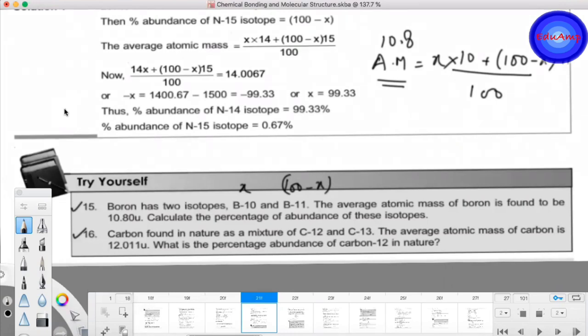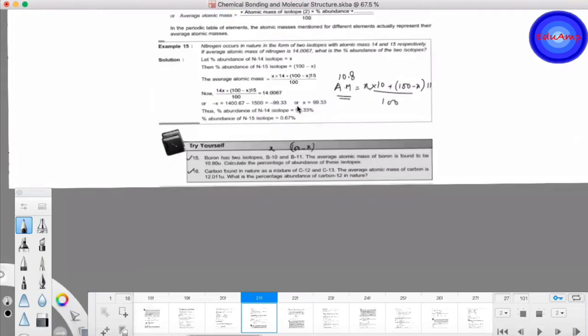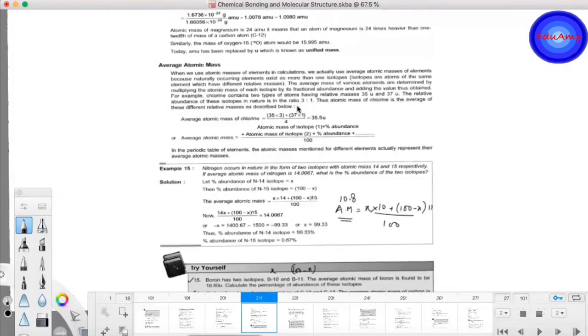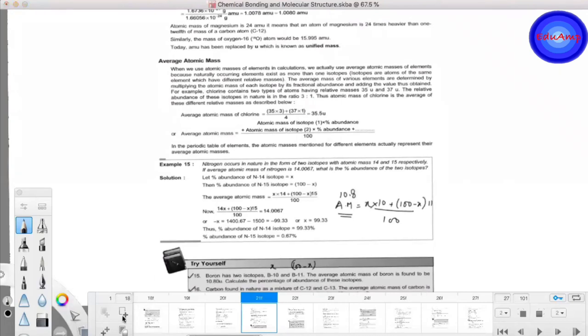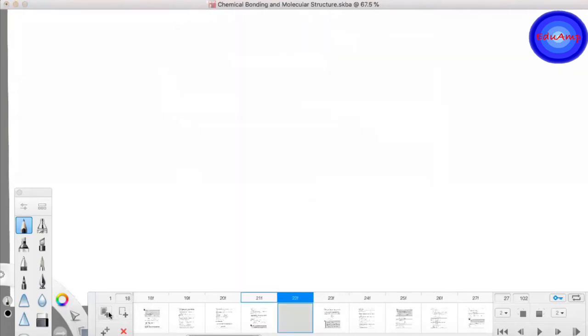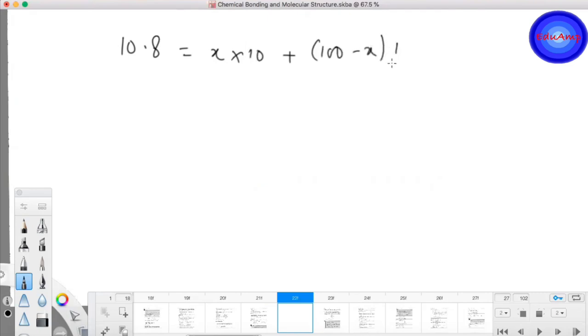Okay. For those who didn't attempt this question and were not able to do it, let me solve this for you. In the given question, the average mass 10.8 is equal to, we considered X percentage of B10 and 100 minus X considered for B11, divided by 100.